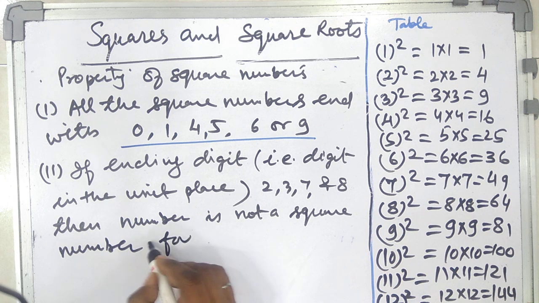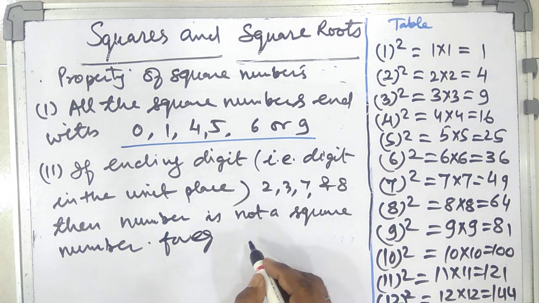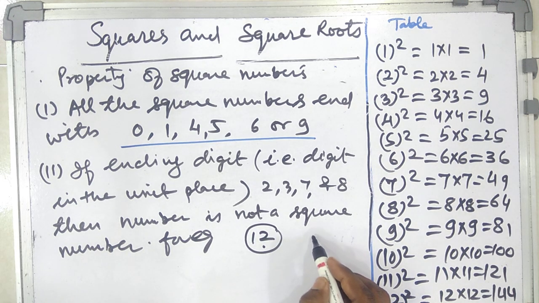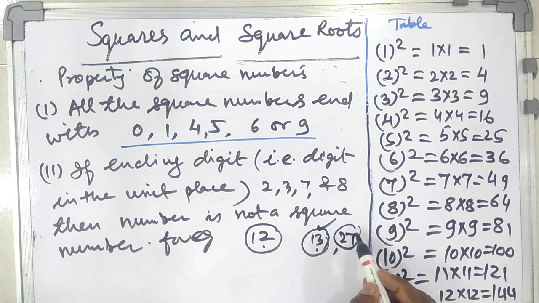For example, students, 12 ends in 2, so it is not a square number. 13 is not a square number because the unit place is 3. 27 is not a square number because the unit place is 7. Also 88, the unit place is 8, is not a square number.